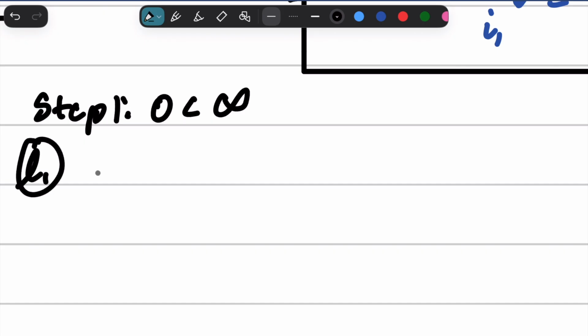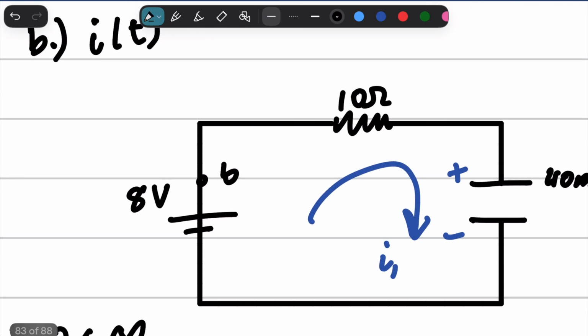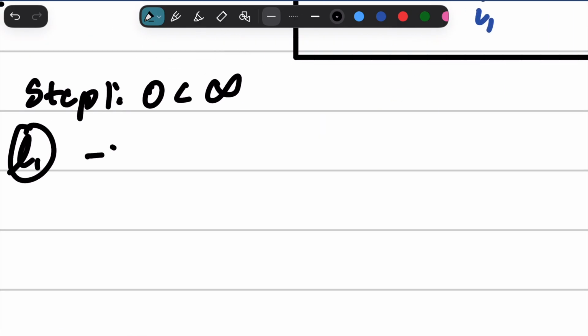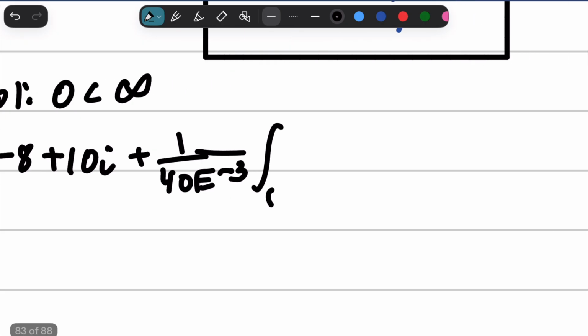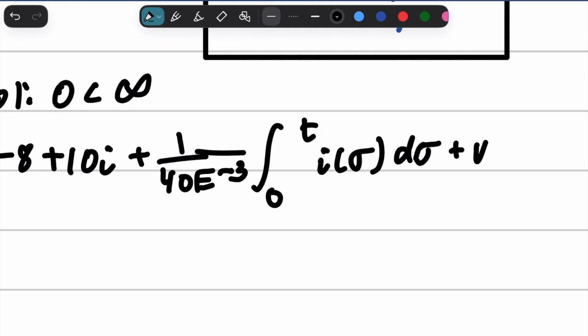Draw a loop 1. We've got negative 8, 10, and plus this integral. So negative 8 plus 10i plus 1 over 40e negative 3, integral from 0 to t of I sigma d sigma plus V of 0 plus equals 0.